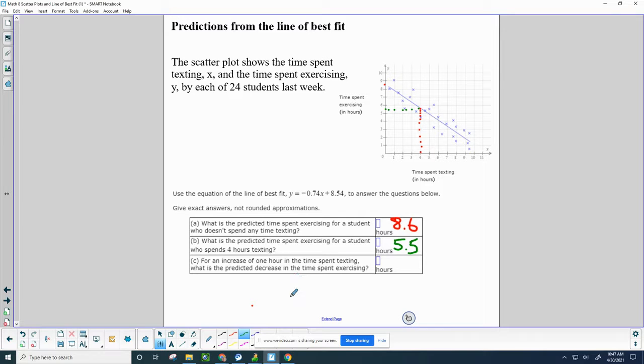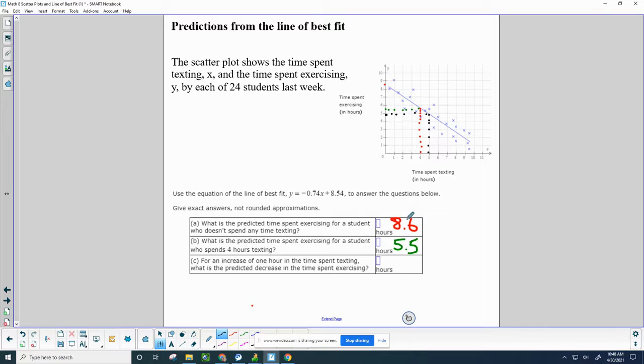Okay, and then the last one: for an increase of 1 hour in time spent texting, what is the predicted decrease in the time spent exercising? Well, we noticed that for 4 hours, we had 5.5 hours of exercising. So if we spend another hour texting, let's say 5 hours texting, and I'll use the black, we come up and hit our line of best fit, and then we turn left and come over this way until we hit the y-axis.